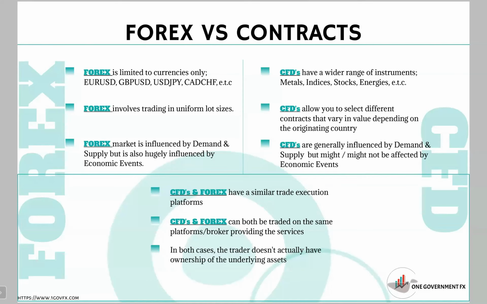What it means is the normal forces that move the market are basic demand and supply laws, that is, an increase in demand causes price to rise and all of that. But the Forex market is also largely influenced by economic events. For instance, say there was a war. Those are economic events that could affect the Forex market.